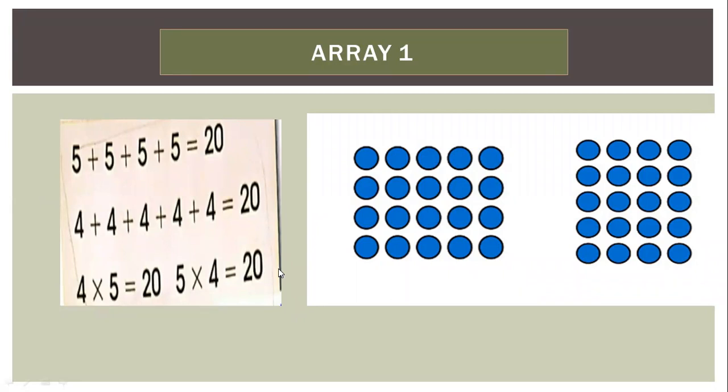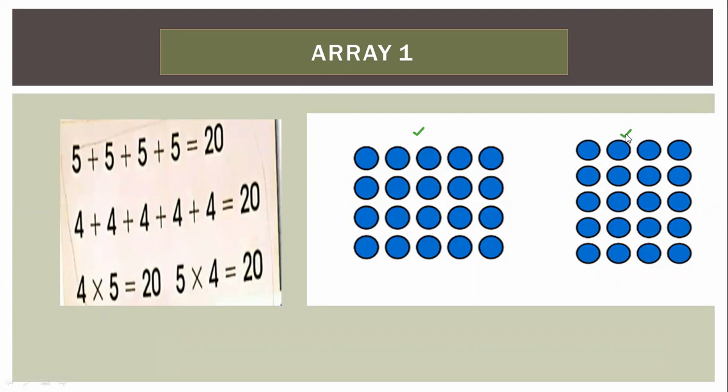So what you have to do, boys, in your book, the equation is given. You have to draw a diagram. You can draw this one or this one. Any one of these you can draw in your book in front of the equation. Whichever you find easy.